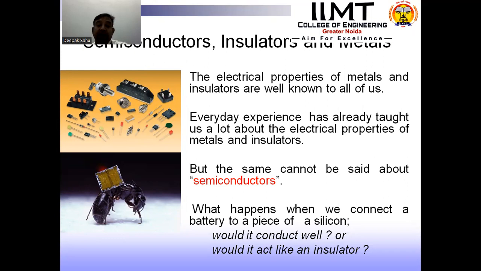But the semiconductor is a little bit mysterious, because at normal conditions it behaves as an insulator, whereas when some impurities are intentionally inserted inside them, under desirable conditions they will show electrical conduction.